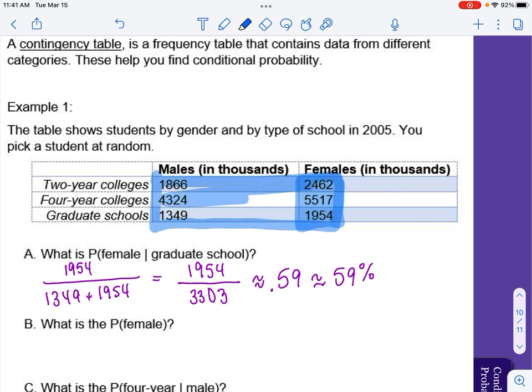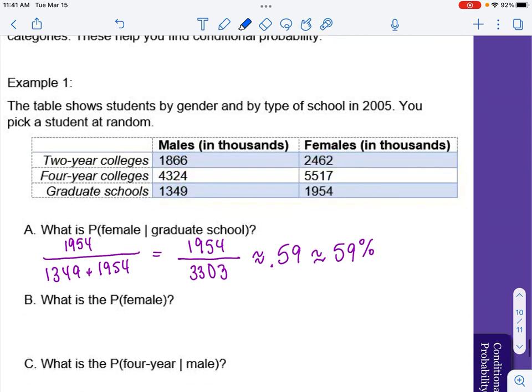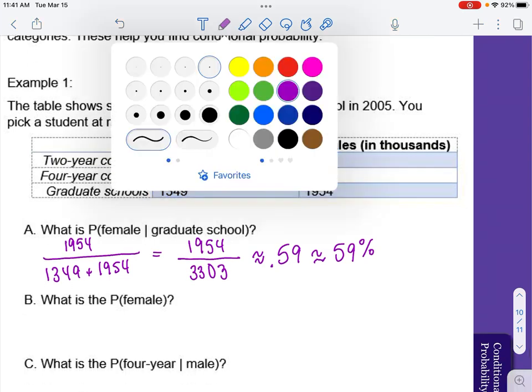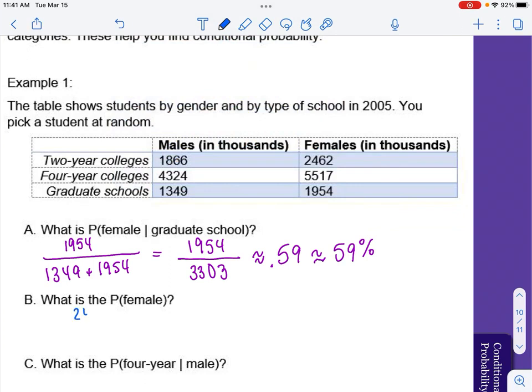So this isn't really conditional probability, it's just a probability. So we are going to add up all the females. And then we put that over our total amount of males and females.